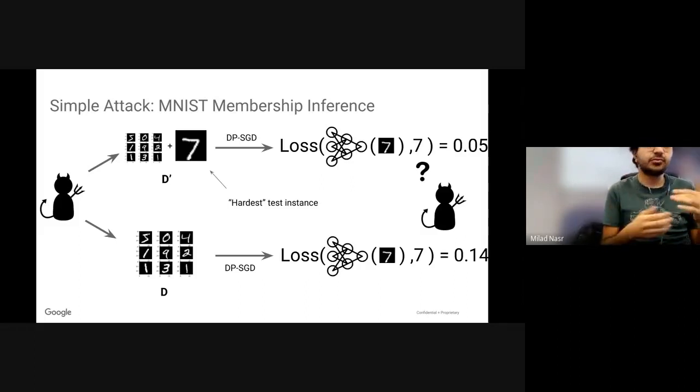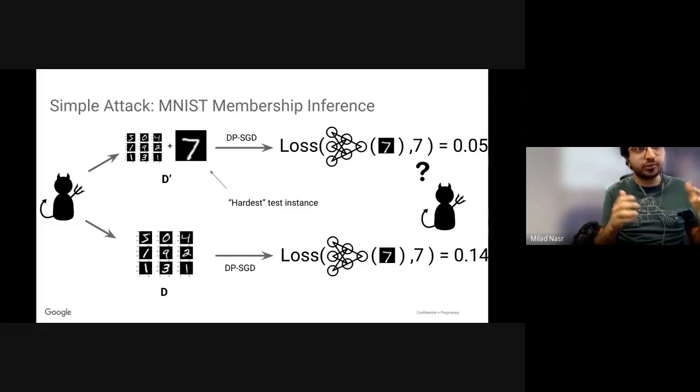And we train two models on these two datasets. The idea of membership inference is that the loss of the model given that input is different if the model was trained on that specific input or not. So in this case, if a model was trained on D prime, the loss would be very small. If not, it will be a bit larger.